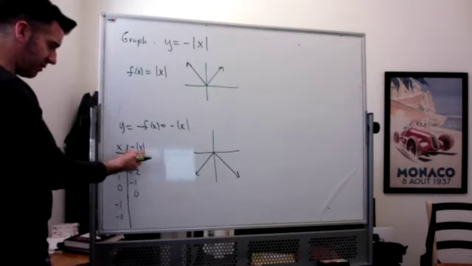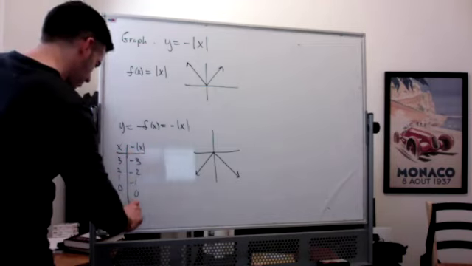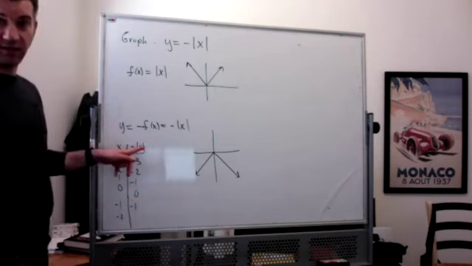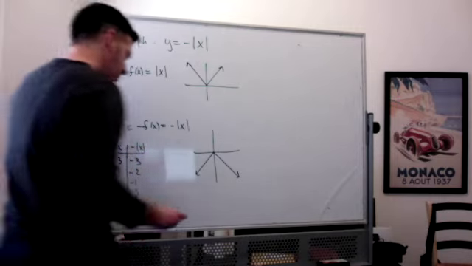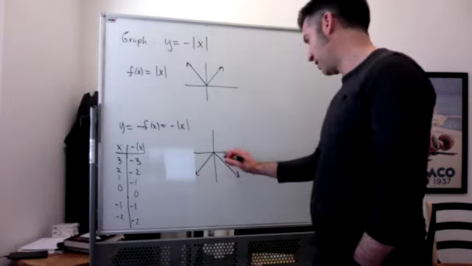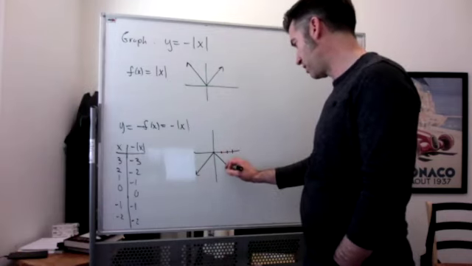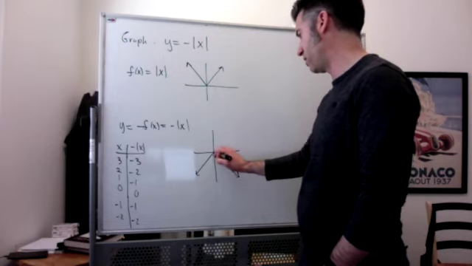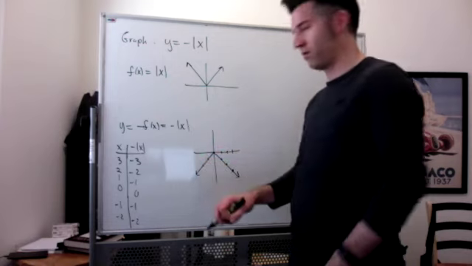The absolute value of negative 1 is 1, but then I get negative positive 1. The absolute value of negative 2 is positive 2, but then I get negative positive 2. And so I can see that I've got things like 3, negative 3; 2, negative 2; 1, negative 1; 0, 0; negative 1, negative 1; negative 2, negative 2; and so on.